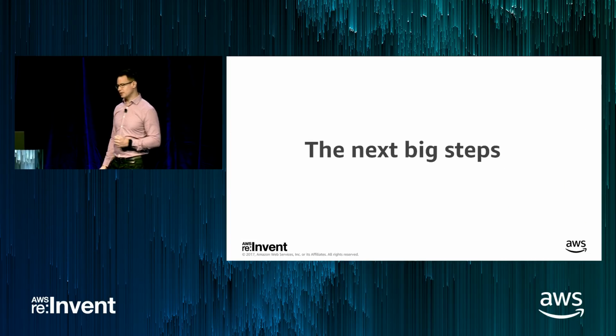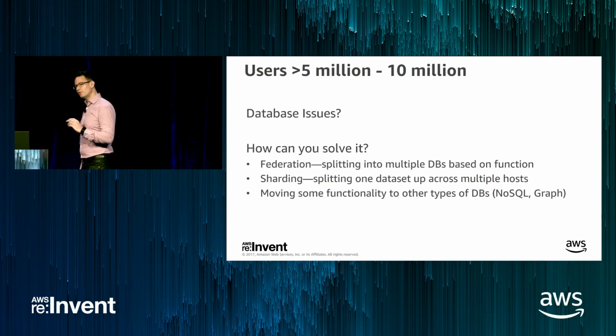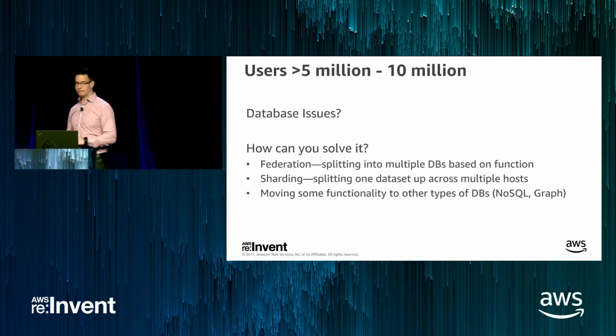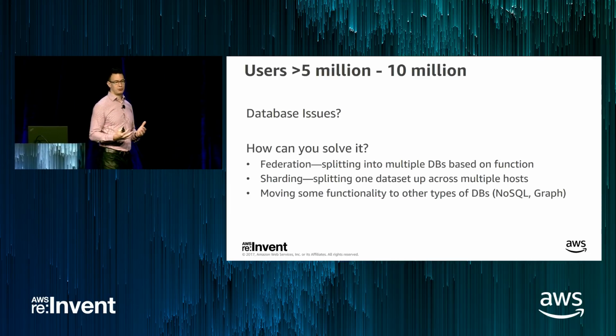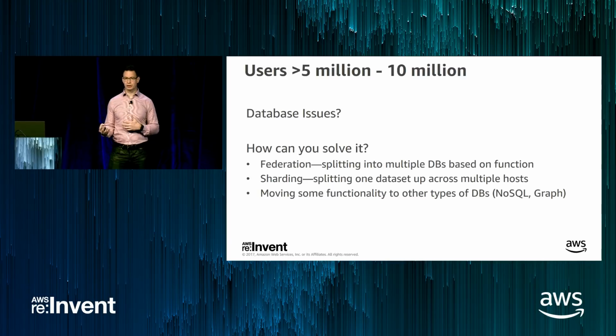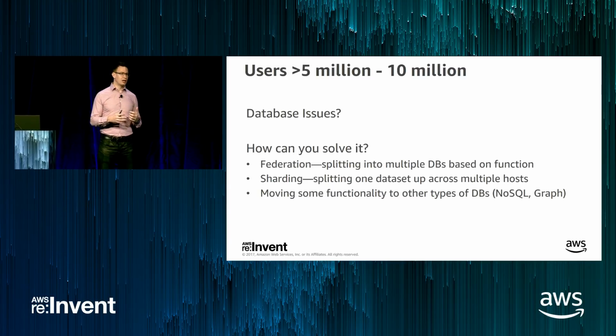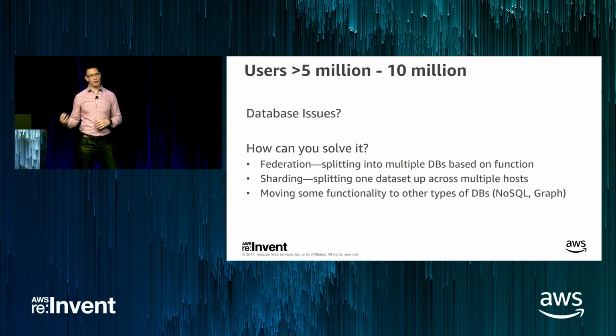So what are the next big steps? Well, if we want to go from 1 million to 5 million to 10 million, one of the things we're going to start to see is contention on our database. We're going to see the scale of our database start to be affected now in terms of both its compute and its storage. Now, if we chose Amazon Aurora earlier, this is going to help us deal with that.